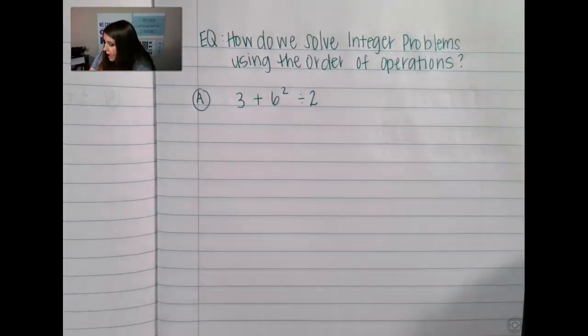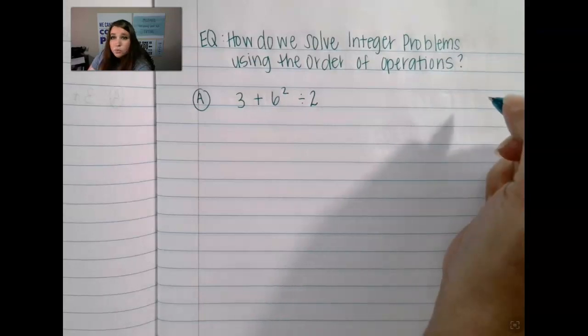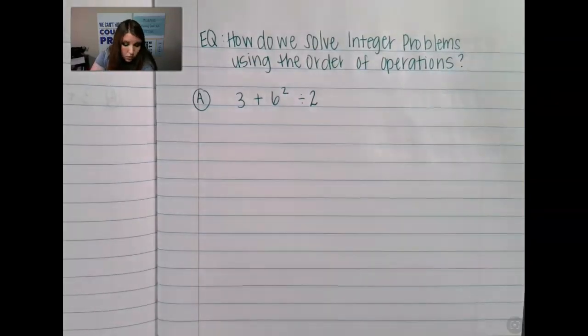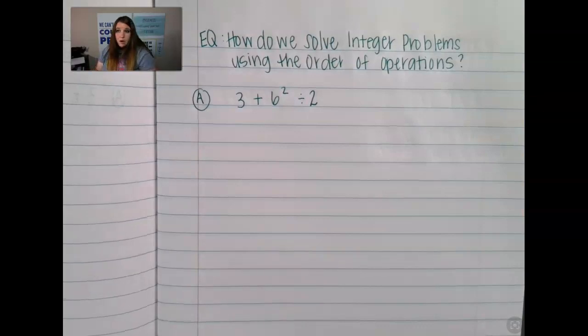So we're going to look at how we solve this. When we solve, we're going to use the rule order of operations, and a lot of people use different ways to remember what the order of operations is. However, I do not want you to use "please excuse my dear Aunt Sally." We don't care about Aunt Sally unless you truly have an Aunt Sally.